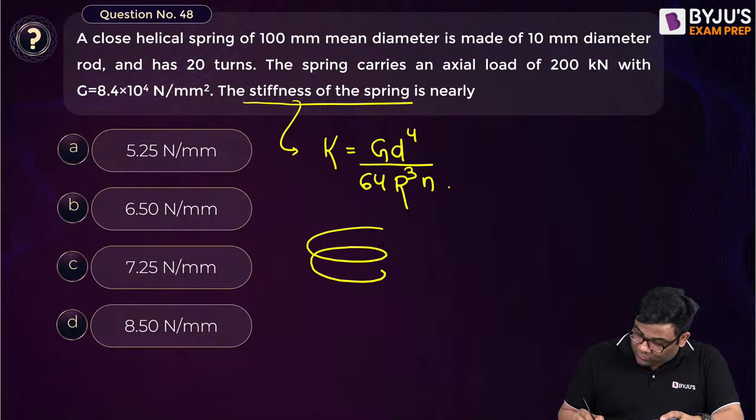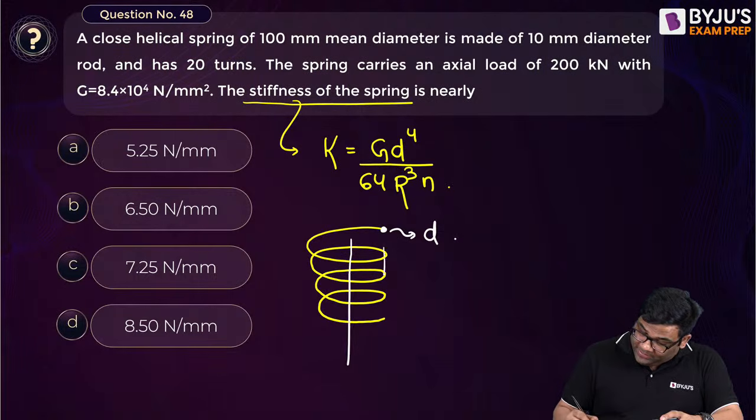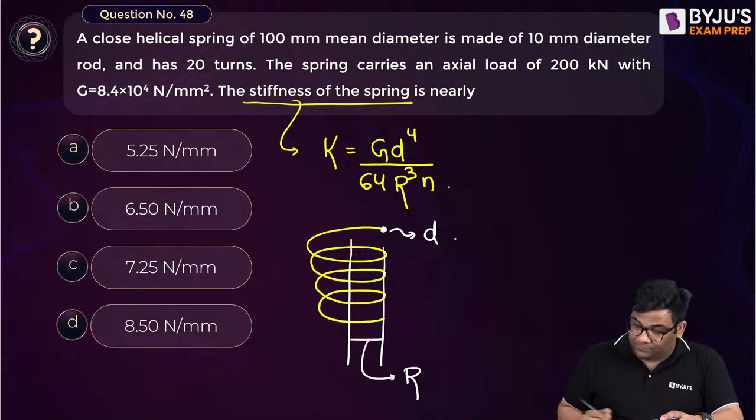Suppose this is a closed helical spring like this. This wire will have some diameter, this diameter is small d. Now this whole spring will have some radius, this is your R. And the number N is the number of coils.